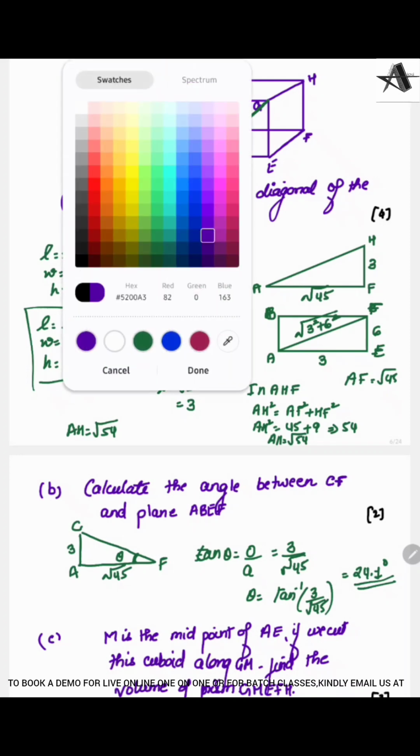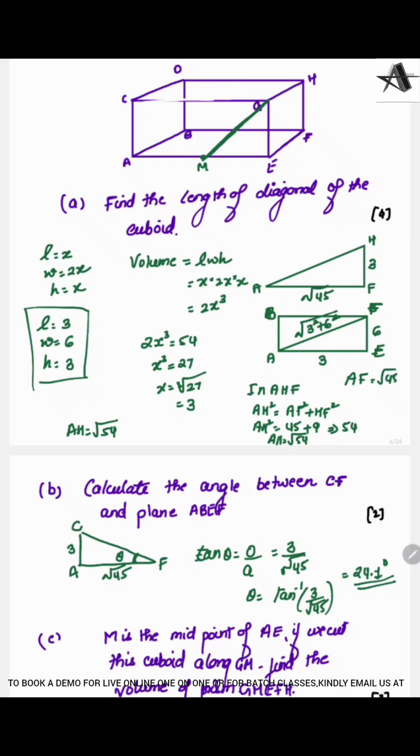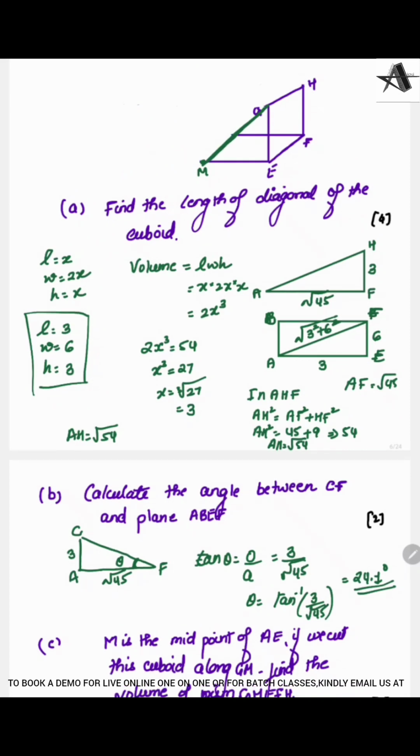Let me remove this. See, you have cut it along this. So in return, what you got is a prism, a right triangular prism.